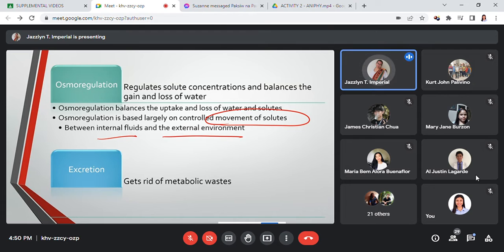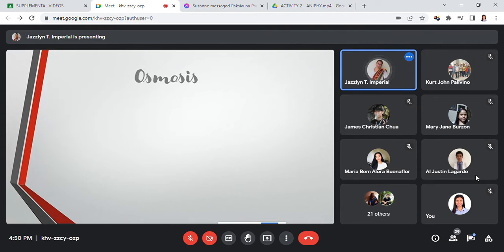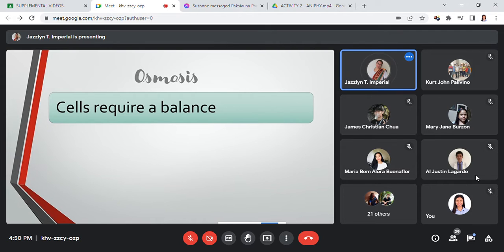So in the process of excretory system, excretion is the process of getting rid of the metabolic waste. So it's not really the water, but the metabolic wastes. Okay po? So osmosis, you know already, that's the movement of water, and it's very important for cells that require balance.